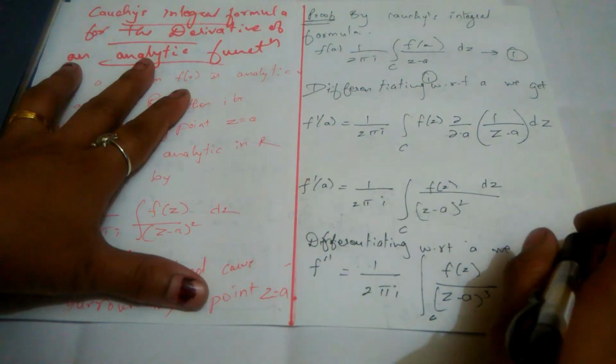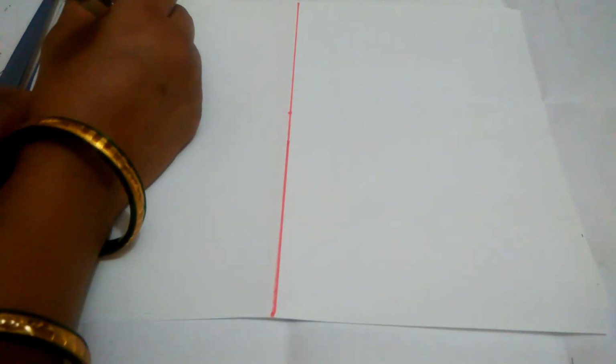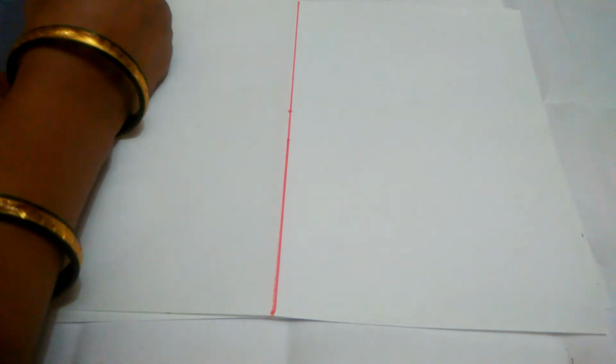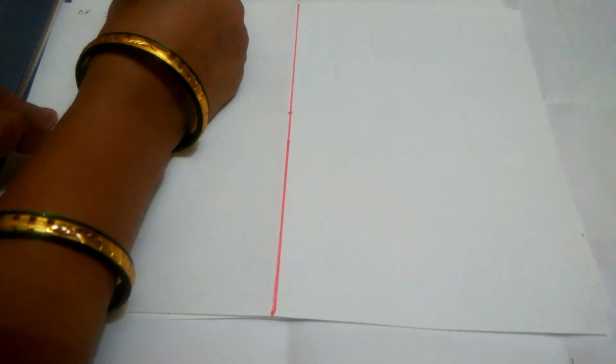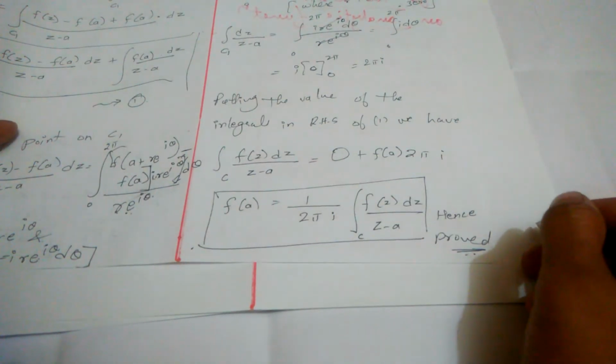So in general, the Cauchy's integral formula for the derivative of an analytic function is: the nth derivative is n factorial upon 2 pi i integral f of z divided by z minus a to the power n plus 1 into dz.